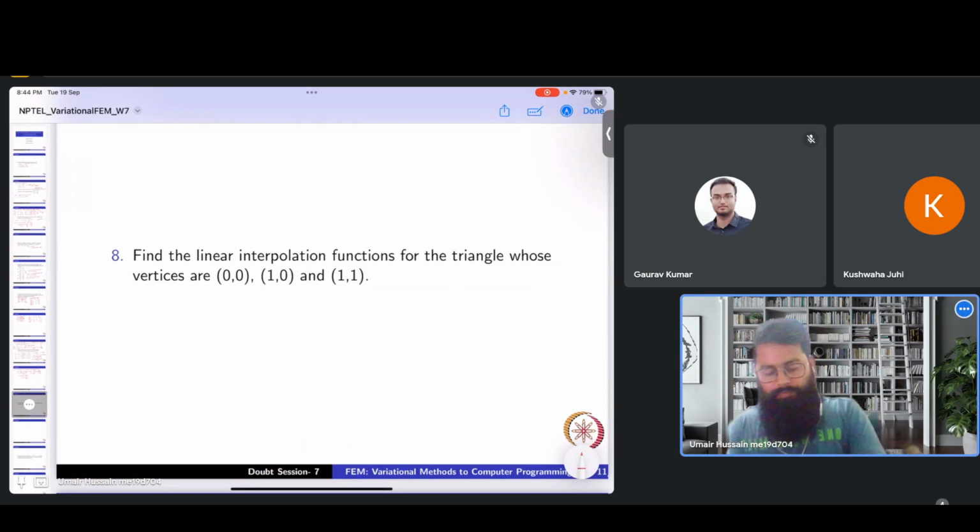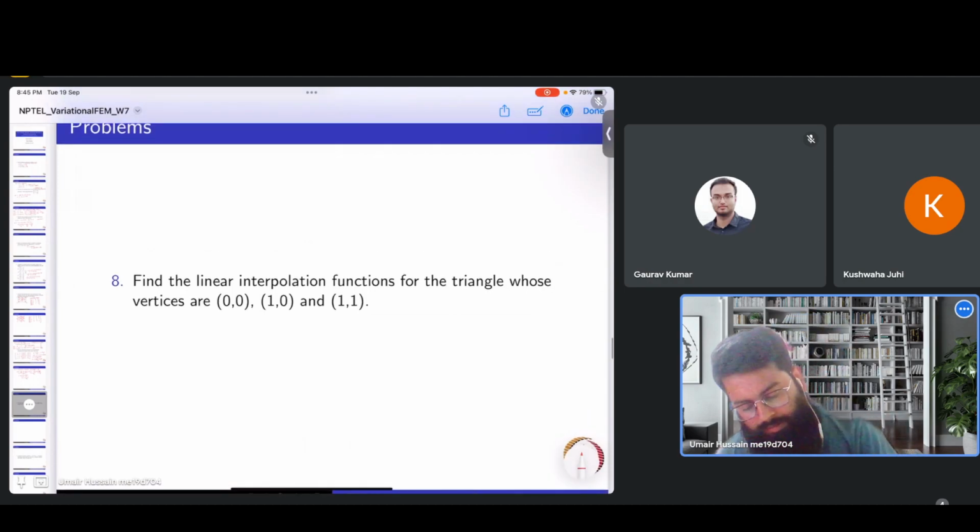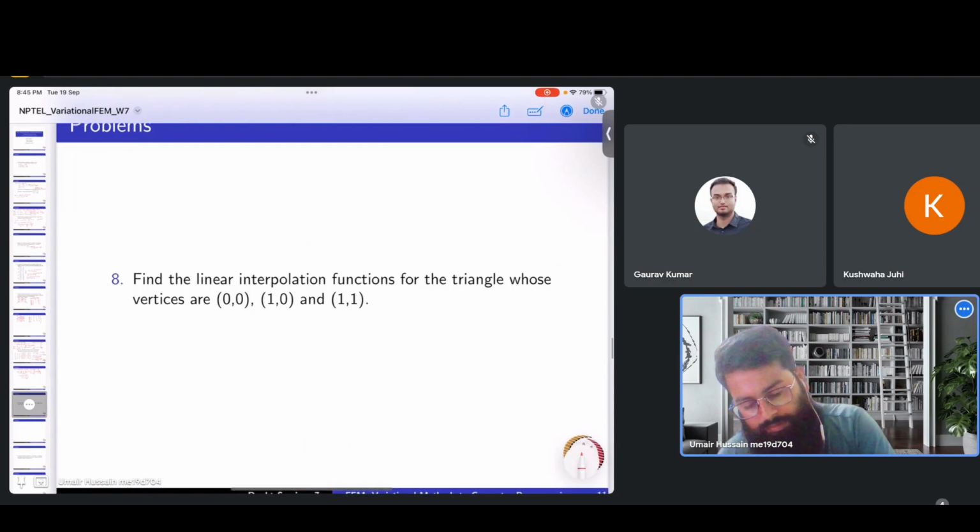Okay. So this time we have a different triangle, so we can check that. Find a linear interpolation function for the triangle whose vertices are 0, 0, 1, 0, and 1, 1. We'll just quickly go through this. You know how to make the matrix, right?